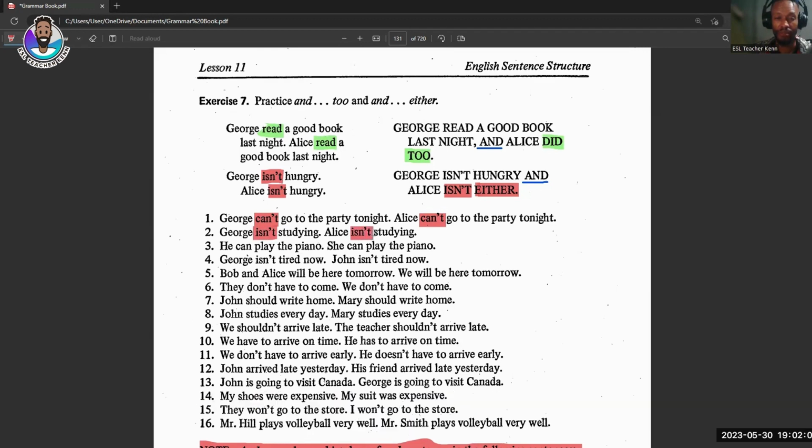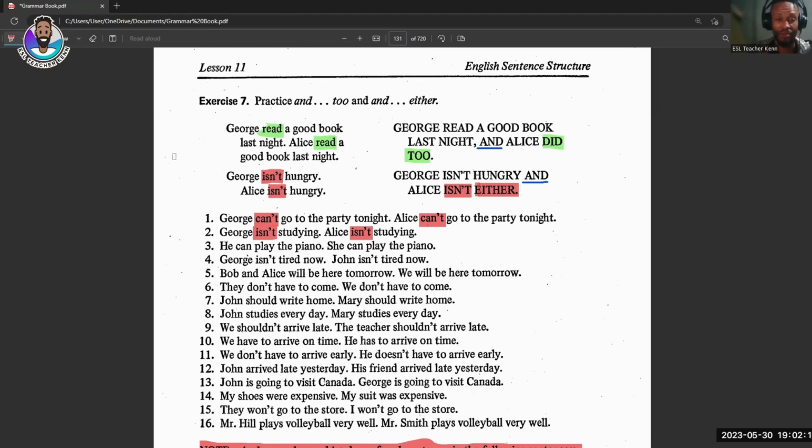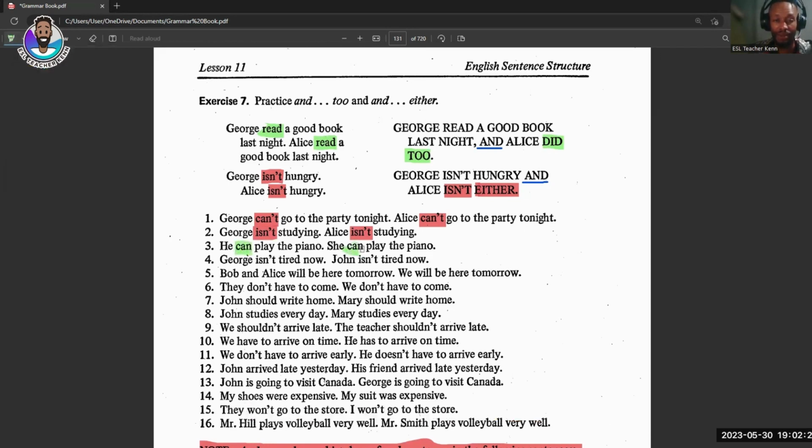Repeat. He can play the piano. She can play the piano. He can play the piano and she can too.